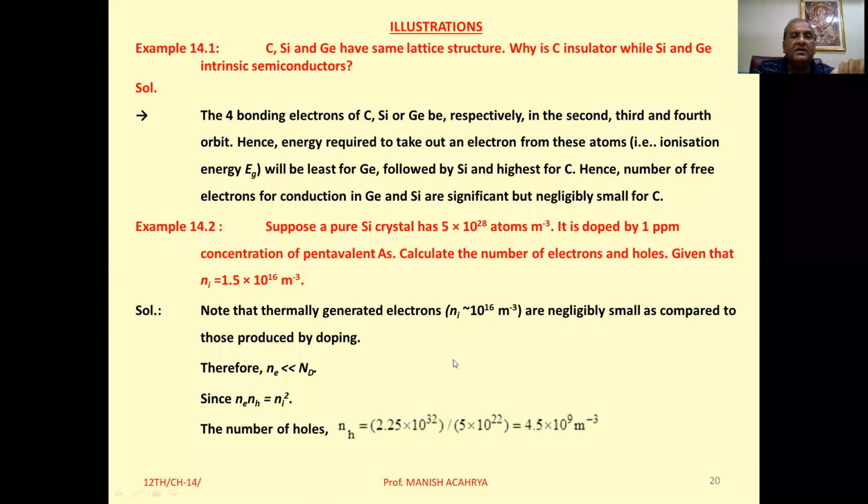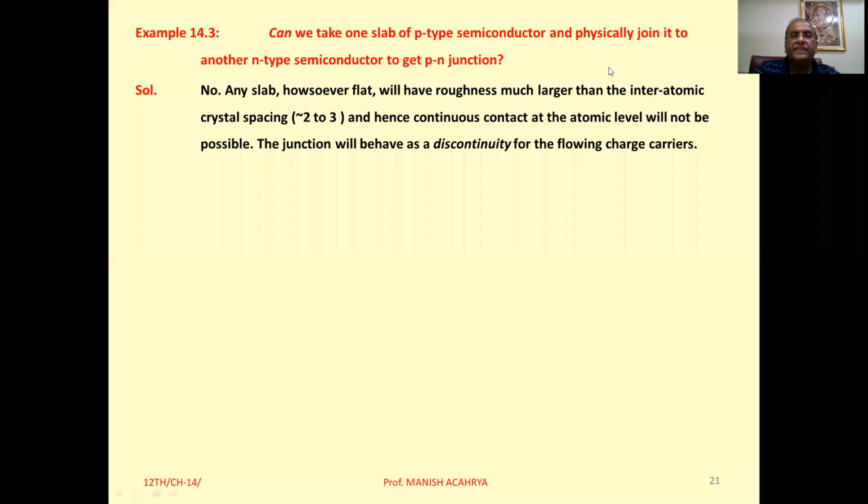And per 1 arsenic atom, you are getting one free electron, and therefore here the number of free electrons per meter cube is taken as 5 into 10 raised to 22. And if you solve this one, your answer will turn to 4.5 into 10 raised to 9 per meter cube. Clear to all of you?